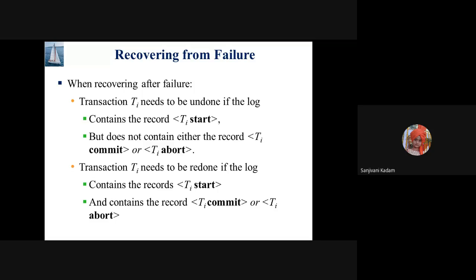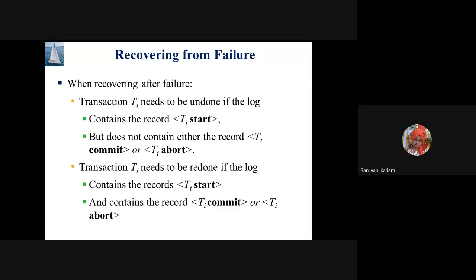Transaction TI needs to be redone. Okay, redone means that whatever the transaction has done, let us save those changes. If the log record contains TI start and also TI commit, it means that the transaction has completed successfully, and whatever changes are to be done by the transaction, let those changes be carried out.